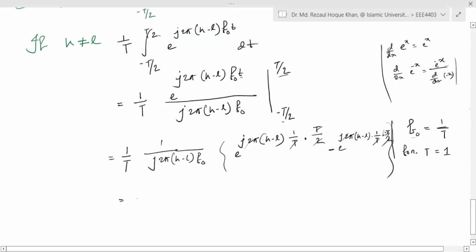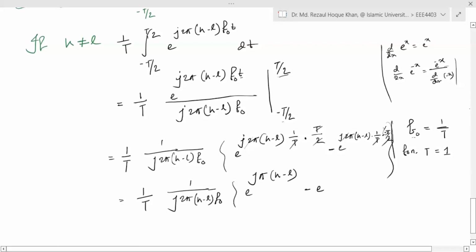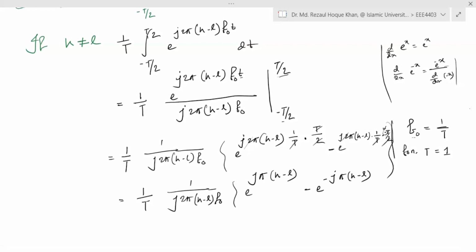Okay, so what we can write, 1 by t, 1 by j 2 pi (k minus L) f0. Here we write e to the power j pi (k minus L), minus e to the power, this minus comes from earlier, so minus j pi (k minus L).